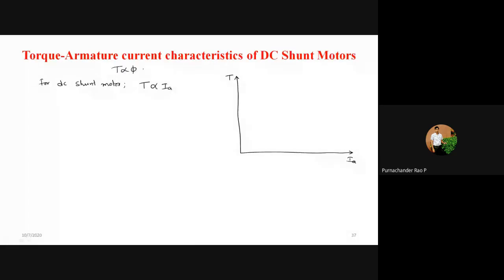But for a shunt motor, flux is constant, and therefore the torque is proportional to only the armature current.